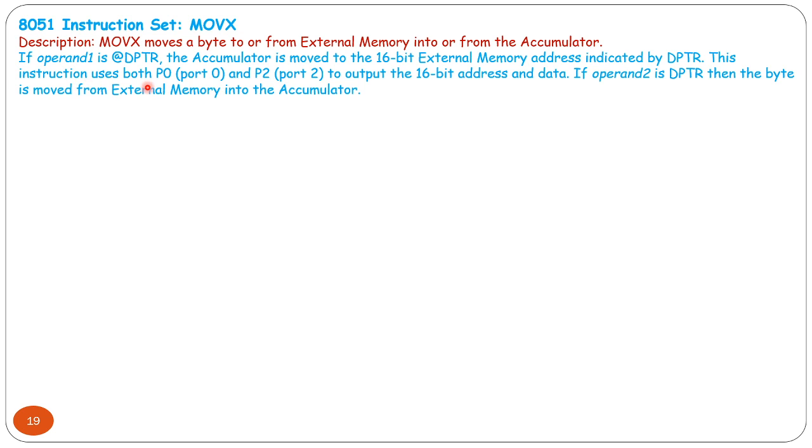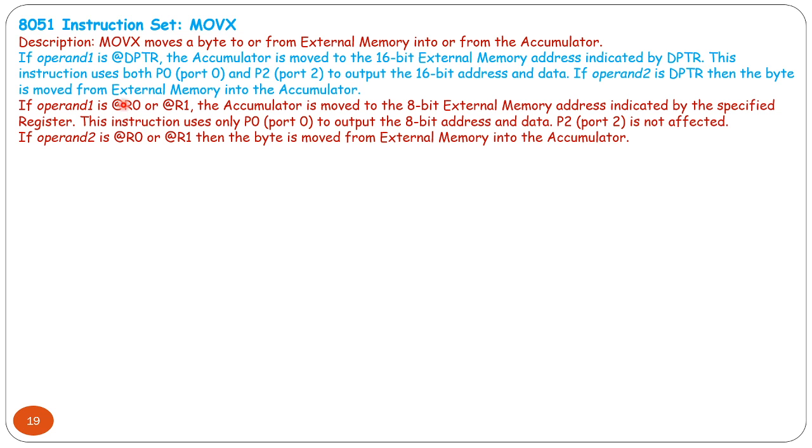This instruction is used with both ports, means P0 gives the lower byte address and P2 gives the higher byte address to the output of 16-bit address and the data. If the operand 2 is DPTR, then the byte is moved from the external memory into accumulator. So this is the meaning of this instruction.